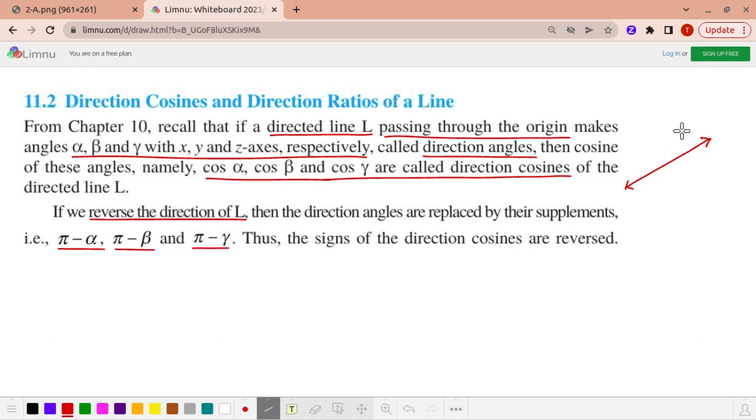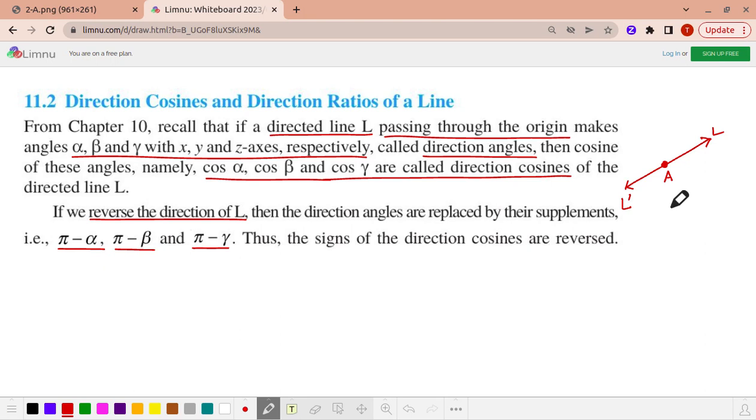Suppose this is a point A and this is L, and AL makes angles alpha, beta, gamma with the x, y, z axis respectively. Then AL dash, where we have reversed the direction of L, will make angles pi minus alpha, pi minus beta, pi minus gamma respectively with the x, y and z axis.